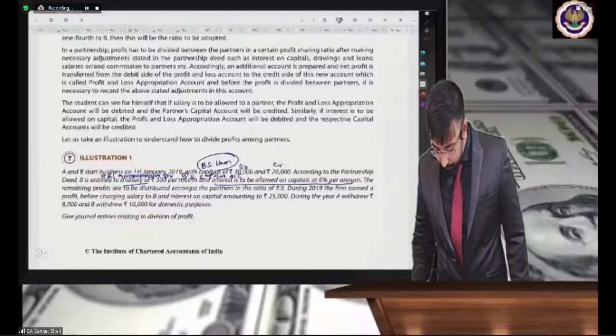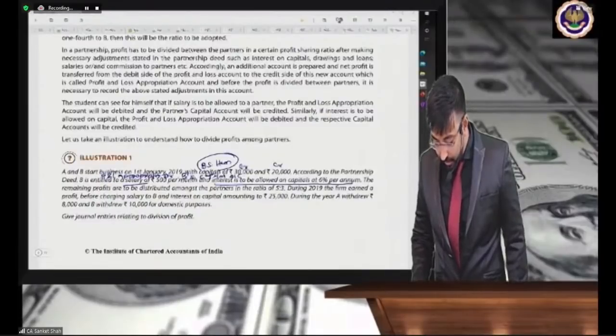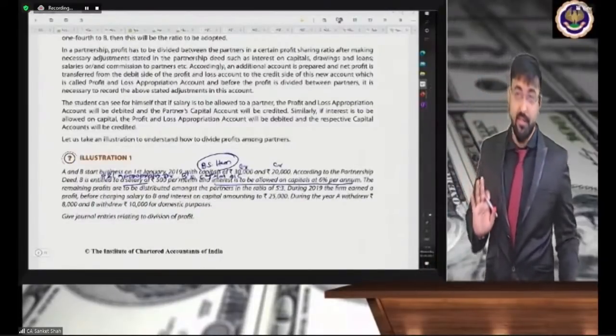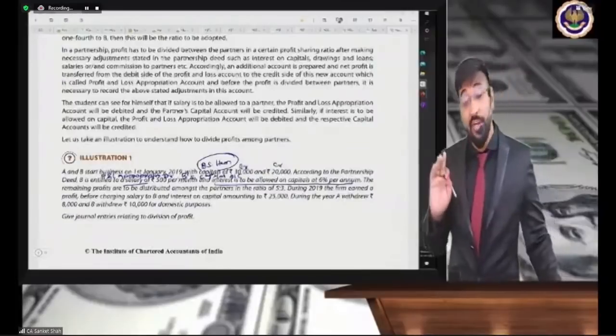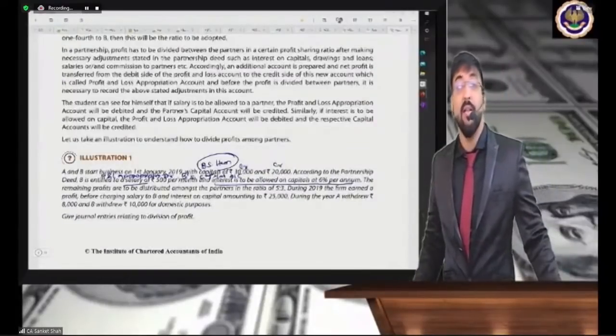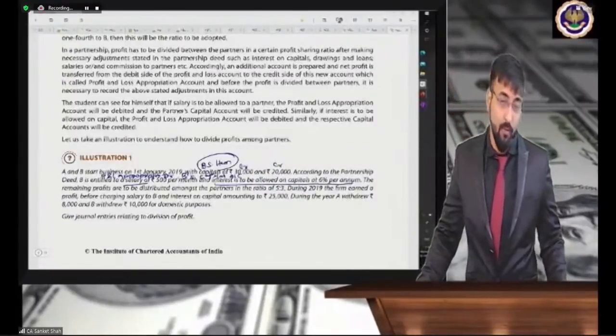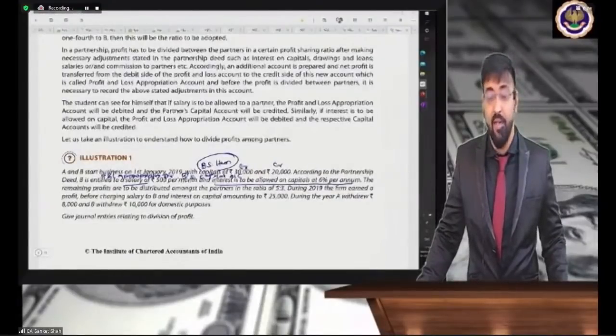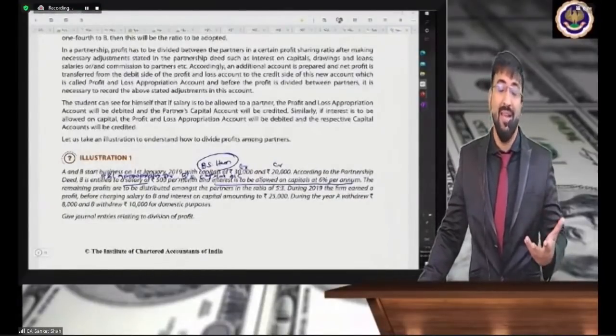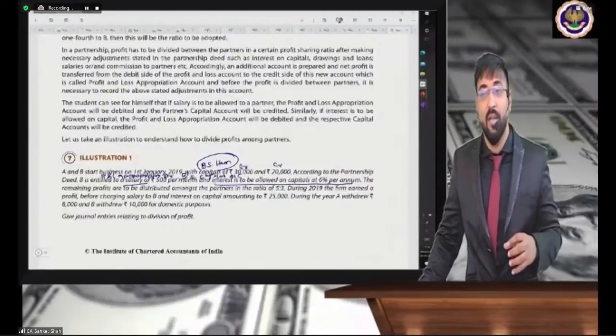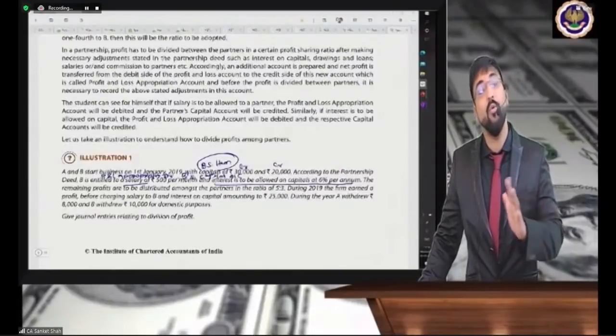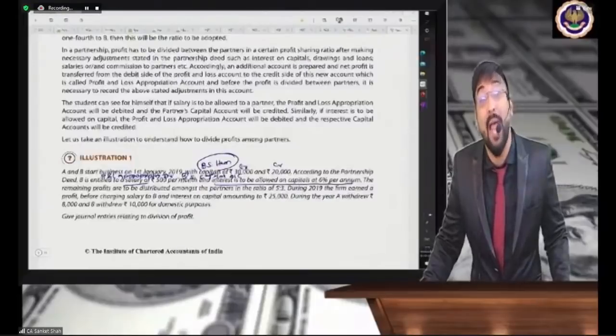Shraddha Bhatt asks: interest on loan is a charge, so why do we not write it in the profit and loss appropriation account? It will come in the profit and loss account. It depends, beta. Now this is a very correct question. Interest on loan you have to pay mandatorily. But think in this way: any expenditure or income which is related to a partner, we record in profit and loss appropriation.